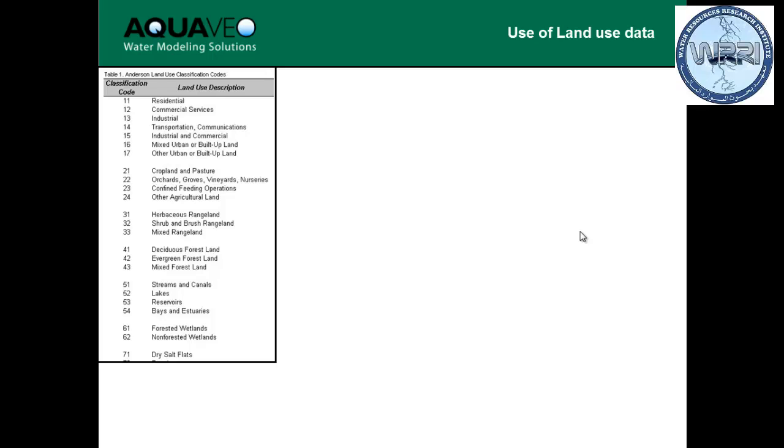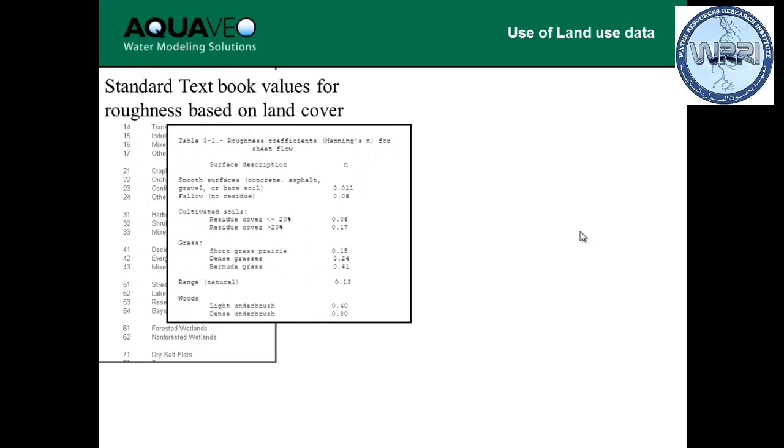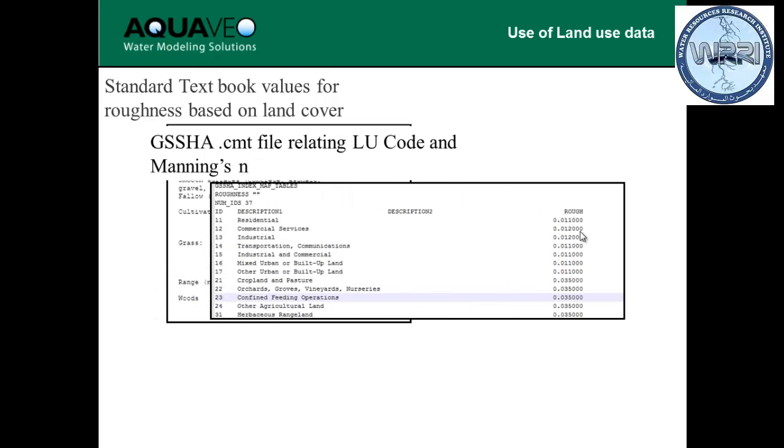And there are different models that GSSHA uses for that. There are textbook values used for roughness that are based on land cover, and that's why I said you go online, you can find tabular values.